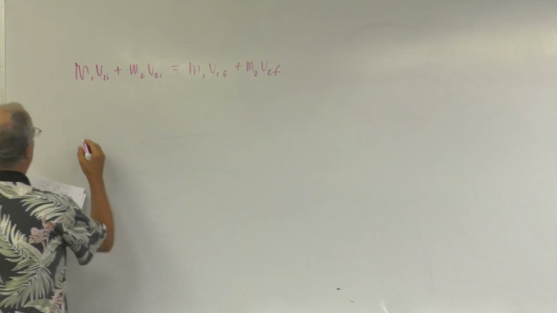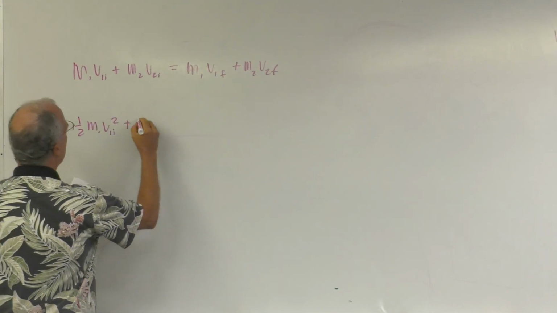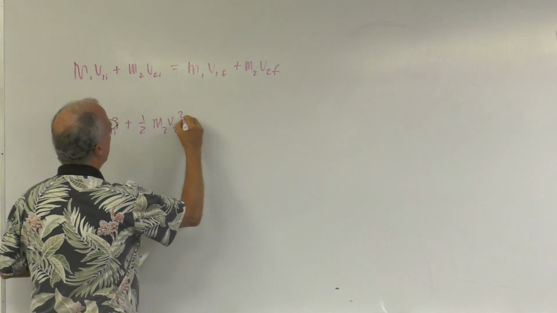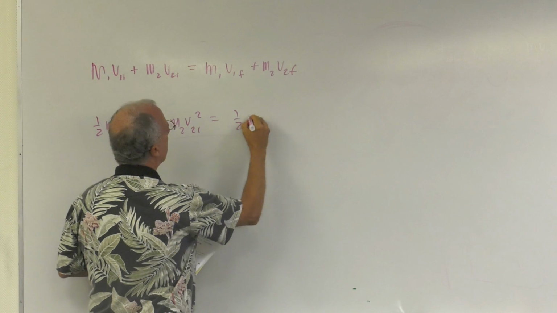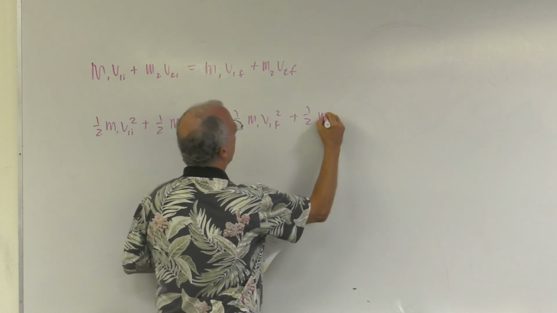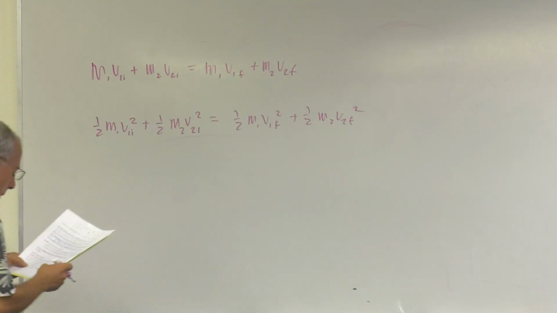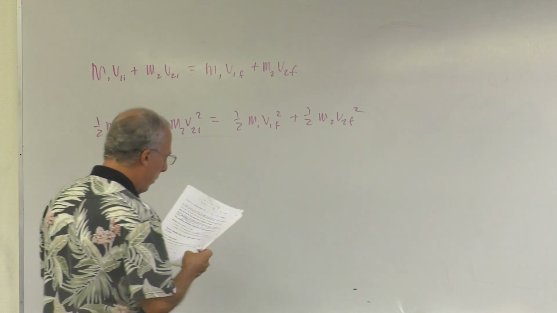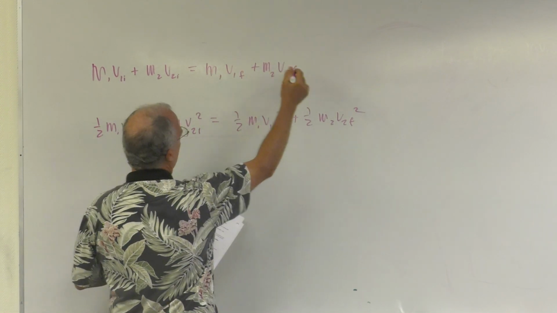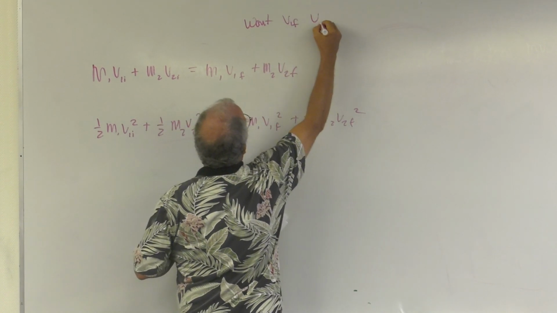So kinetic energy conservation is 1/2 m1v1 initial squared plus 1/2 m2v2 initial squared equals 1/2 m1v1 final squared plus 1/2 m2v2 final squared. Now, what do we want? Again, we want the final velocities, right? We want v1 final and v2 final.